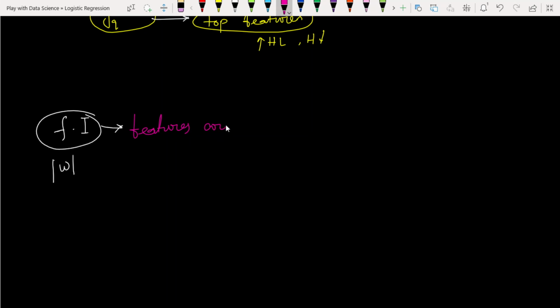When we assume that our features are independent, then we can find the absolute value of W, or Wj for feature j, and according to that we decide which features are more important.